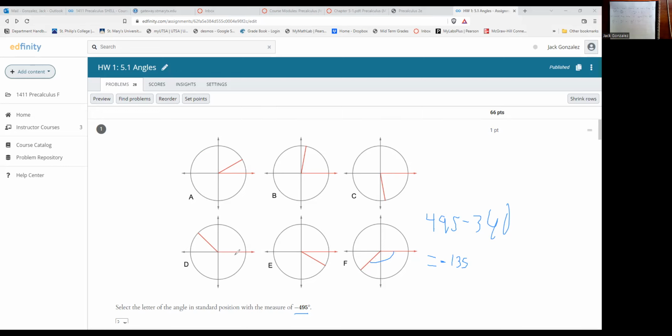None of the others would make sense, because I'm going in the negative direction. The other one should be bigger than negative 180, like negative 225 or something like that. So the only one that makes sense is this guy.